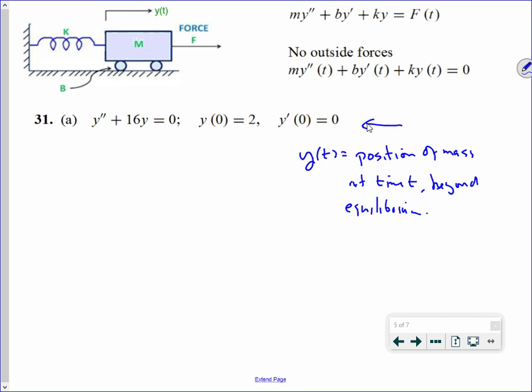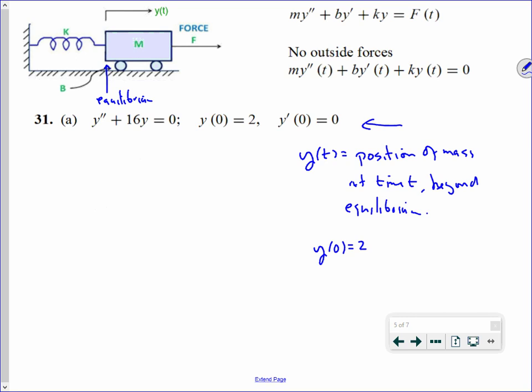So to say y of 0 equals 2, what does that mean? At time 0, let's say that right here is the equilibrium. Okay, so if the thing is sitting there, it's not going to move. There's no stress on the spring.